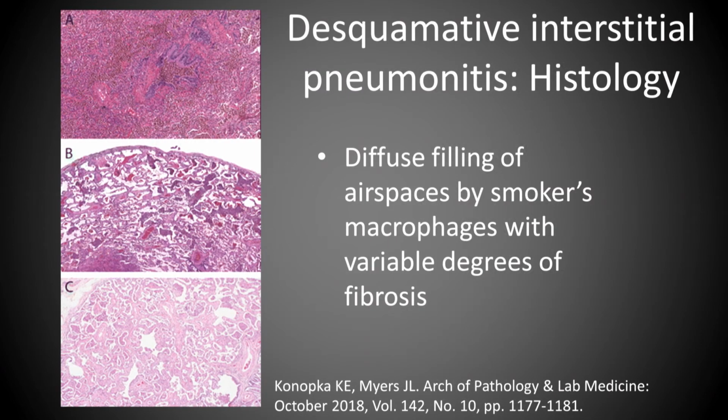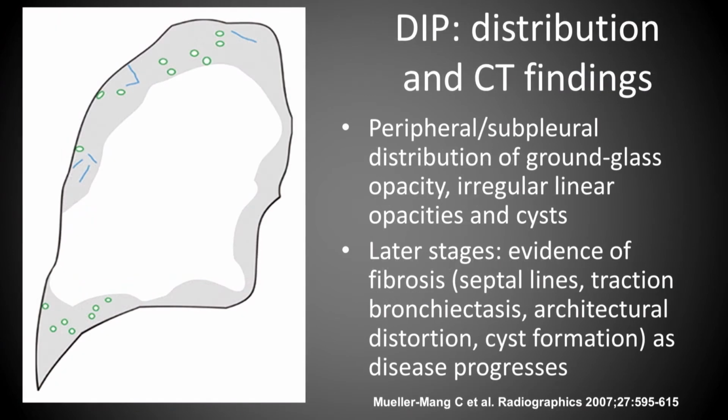In DIP, the pathologist sees diffuse filling of air spaces by smokers' macrophages. And depending on the time course of the disease, you'll see variable degrees of fibrosis. So let's show you what that's going to look like on CT. The striking thing is it's peripheral and subpleural and there's ground glass opacity. You may see irregular linear opacities.